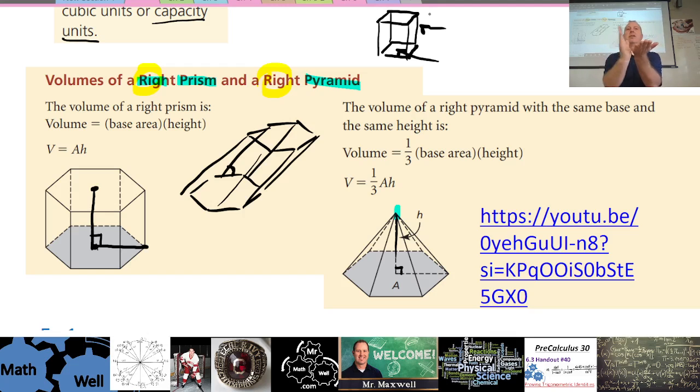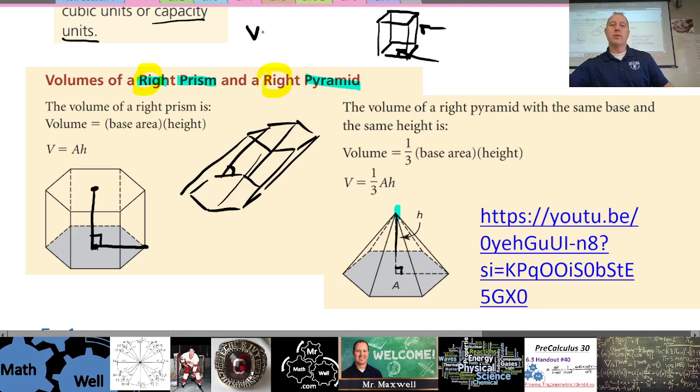So it's the area of the base times the height, or length times width times height. You remember that one? Length times width is the area of the base, and then the height is the height. So this is the area of the base if the base was a square or a rectangle. That's where this comes from.